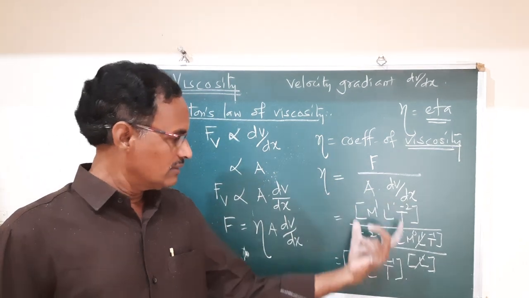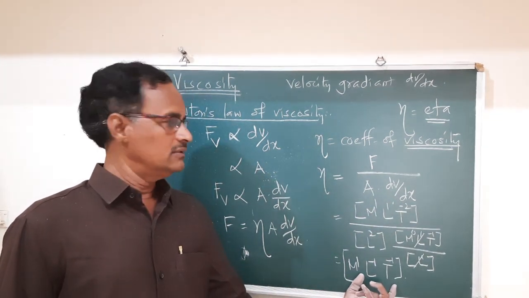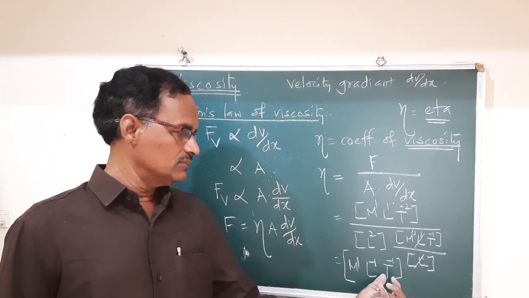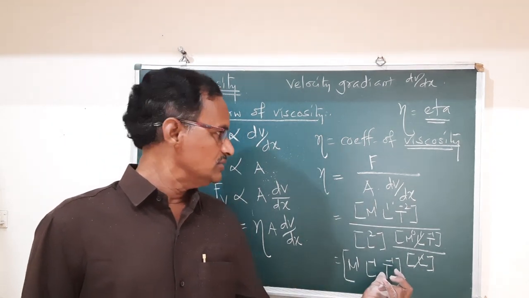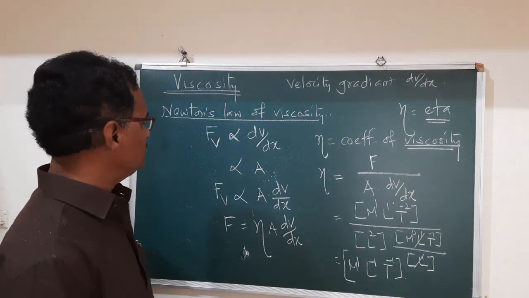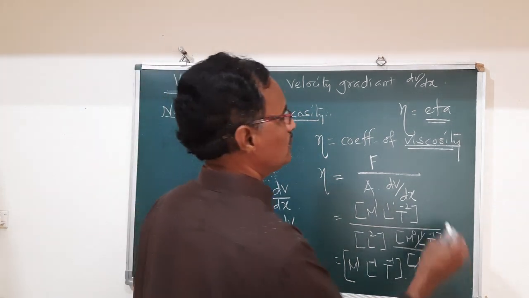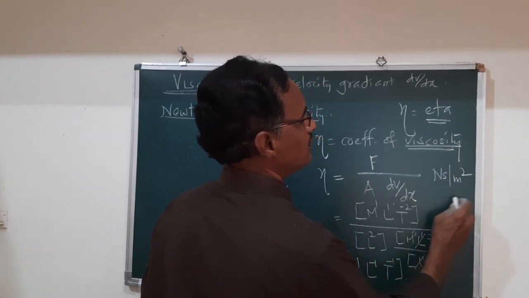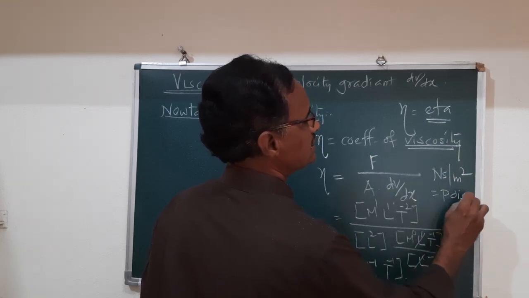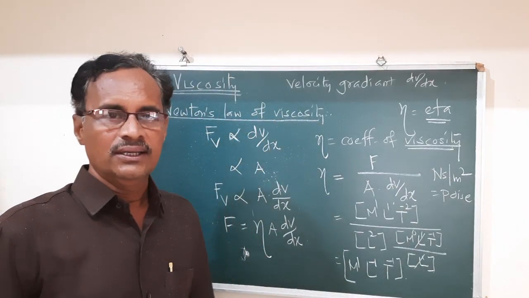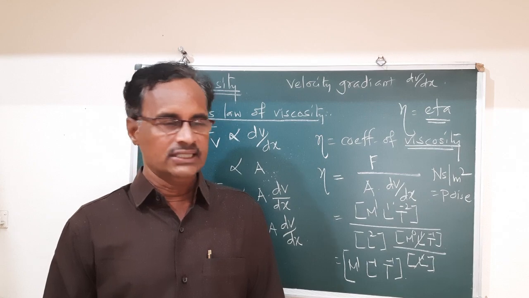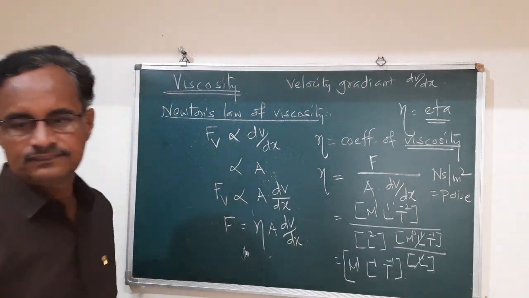M1 L raised to minus 1 T raised to minus 1 are the dimensions of viscosity. The SI unit of viscosity is Newton second per meter square, or it is also called the poiseuille. Now this is all about Newton's law of viscosity.